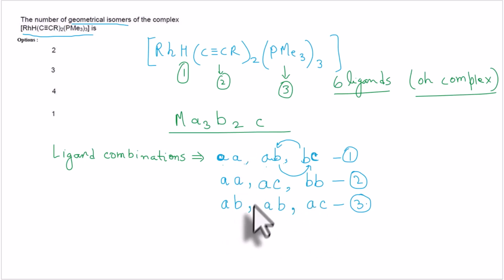Now apart from this, if you try, then you will get all redundant combinations. That means all the combinations will be repetitive. Either you will get any of these 3 combinations repeating.